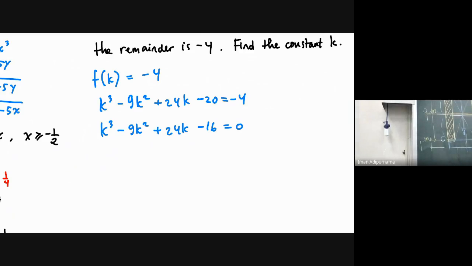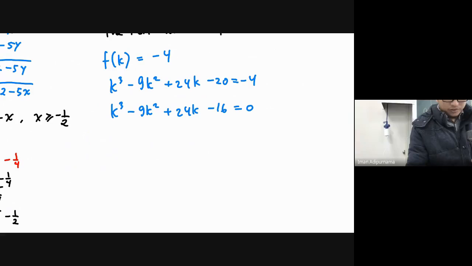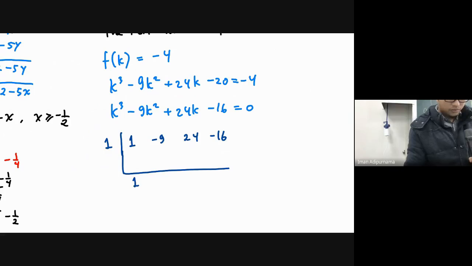How to solve? First, you can trial and error if you like, if the number is easy to calculate. Maybe try 1, or maybe 2 if you want. Maybe just 1: 1 minus 9 plus 24 minus 16 is 0. It's correct, right? So 1 is our root. So I can also write it in terms of synthetic division, just dividing by 1.